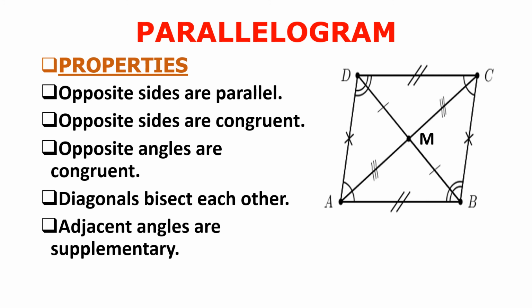Adjacent means neighboring angles. If I ask you who the adjacent angles for angle A are, you'll say angle D and angle B, because D and B are next to angle A. C is opposite to A, so it is not neighboring.